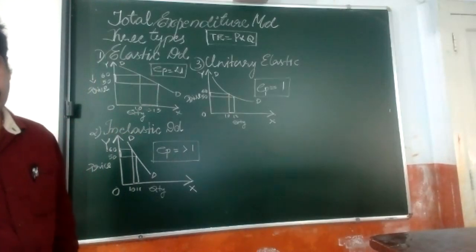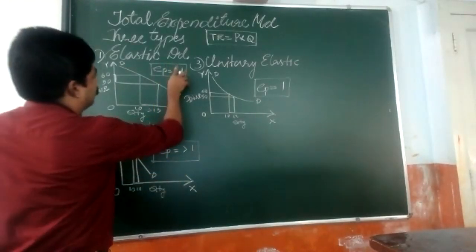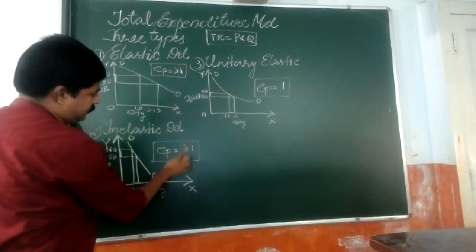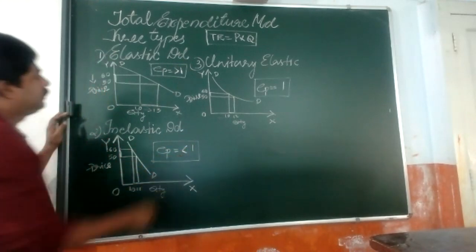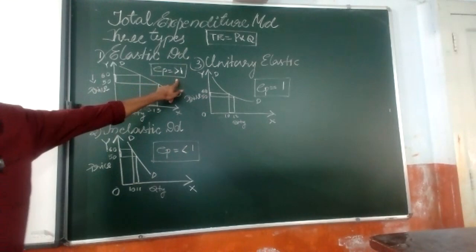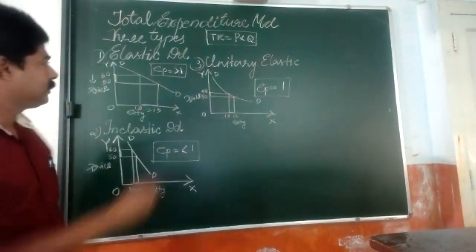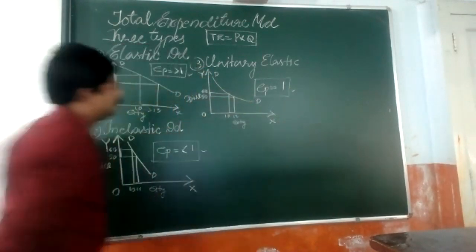Inelastic is less than 1, elastic is greater than 1, and unitary is equal to 1. Three values: first one, second one, third one.